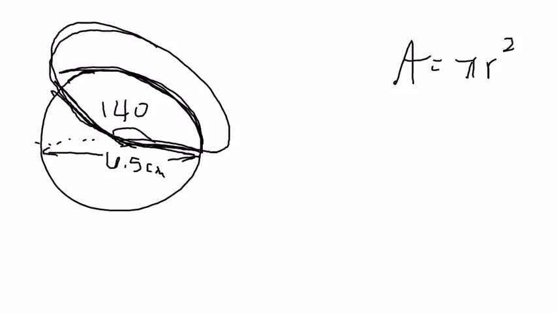Okay, so we have our area of the whole circle. Now we want to know what part of this is going to be the area that we're talking about. So basically we're going to have a ratio out of 360. Again, the central angle is 140, remember, so the arc is the same degrees. So it's 140 degrees, and what ratio of it is of a full circle?